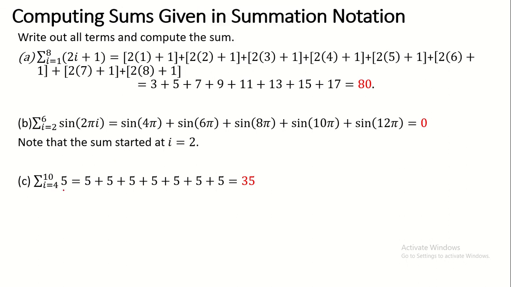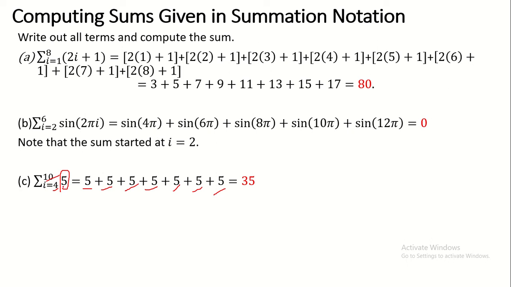So in this case, since we have the sum of a constant, 5 is a constant, so we're adding 5. How many is that? 4, 5, 6, 7, 8, 9, 10. So we're going to add 5 7 times. That's why we have 5 plus 5 plus 5 plus 5 plus 5 plus 5 and plus 5, since there are 7 terms from 4 up to 10.